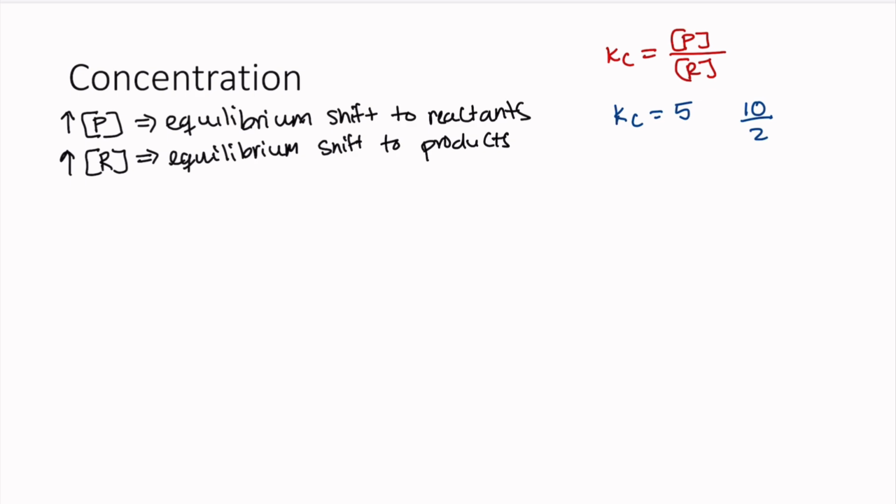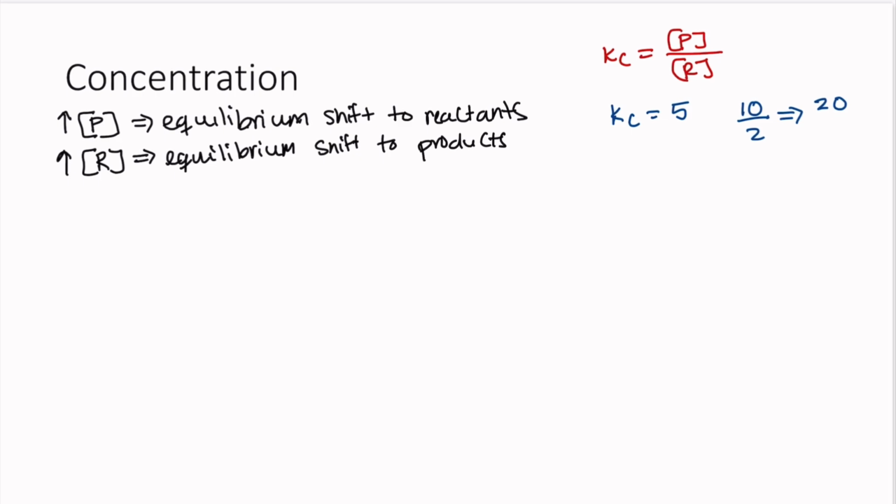If we increase the concentration of our products, let's say to 20, then in order to get Kc equal to 5, I have to get more reactants in my system, or decrease the products. And the only way to do that is to shift towards the reactants.